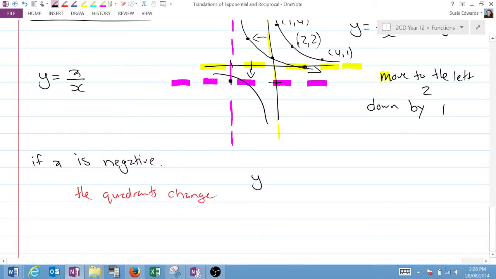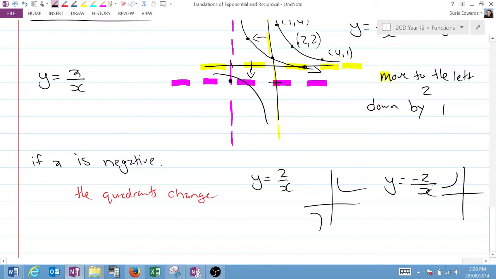So y equals 2 to the power of x looks something like this. Y equals negative 2 over x is in these quadrants.